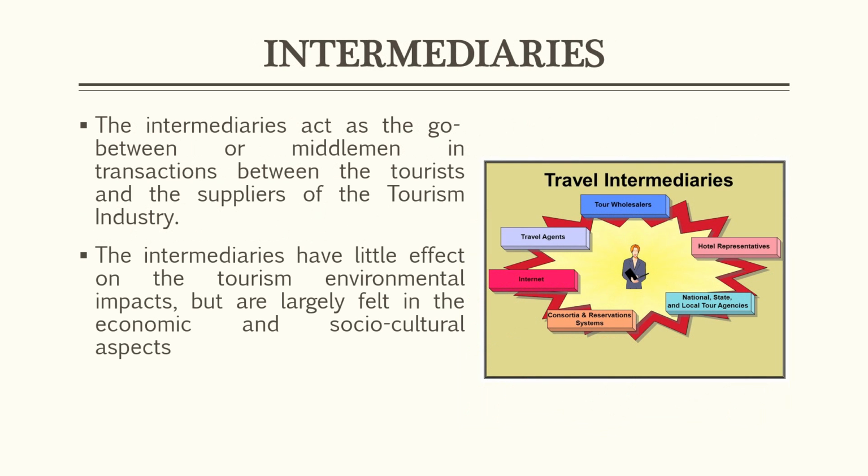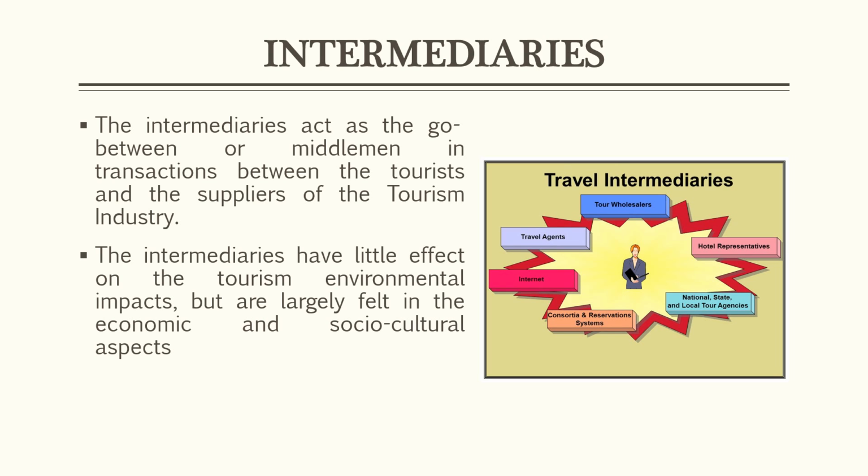Next we have the intermediaries. Intermediaries act as the go-between or middleman in transactions between the tourists and the suppliers of the tourism industry. This involves tour wholesalers, travel agents, hotel representatives, the internet, the consortia and reservation systems, or the global distribution systems.